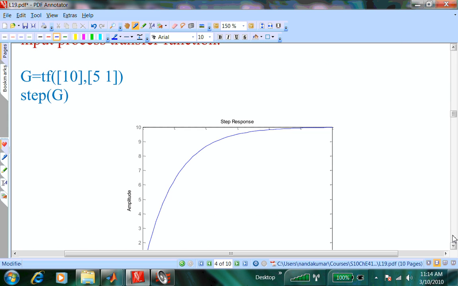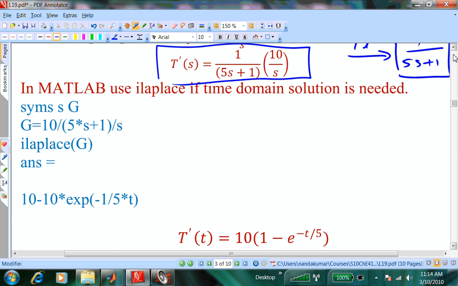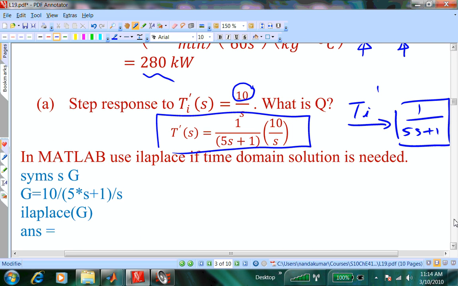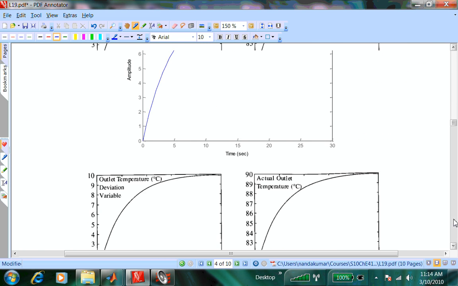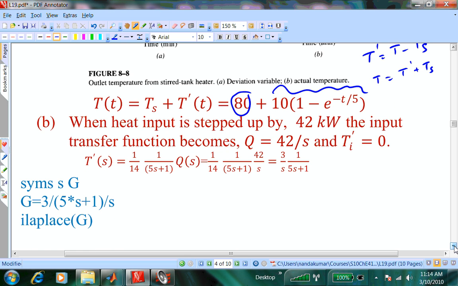Okay, so let me go back. Part A. Part B. The input is a step change in Q by a magnitude of 42 kilowatts.